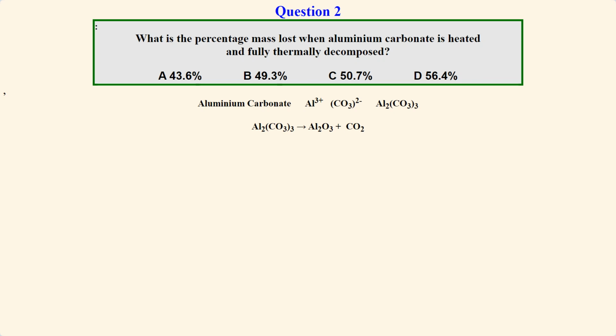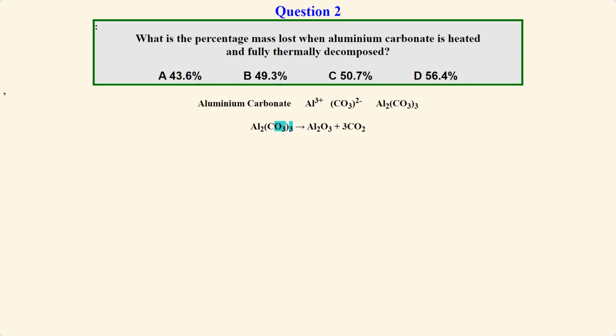So, as with question 1, we now need to balance the equation. Well, the aluminium atoms are balanced since we've got 2 on each side. The carbon, however, we've got 3 carbon atoms on the left. On the right, we've only got 1 in the CO2, so we need to put a 3 in front of the CO2 so that we've got 3 carbons on the right as well.